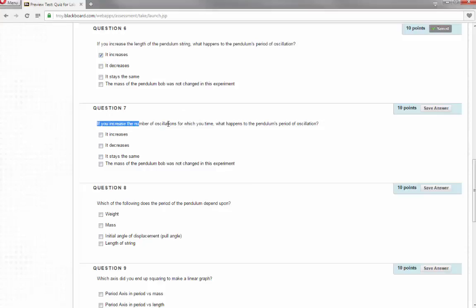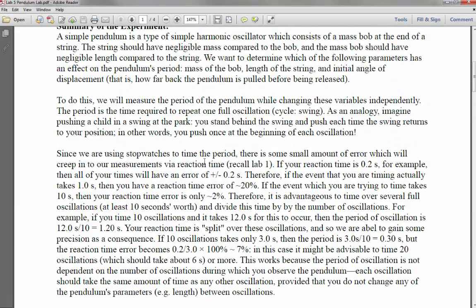Okay, the next question says that if you increase the number of oscillations for which you time, what will happen to the pendulum's period of oscillation? The implicit assumption so far in this discussion has been that you can time for as many oscillations as you want or need, and that you won't affect the period.